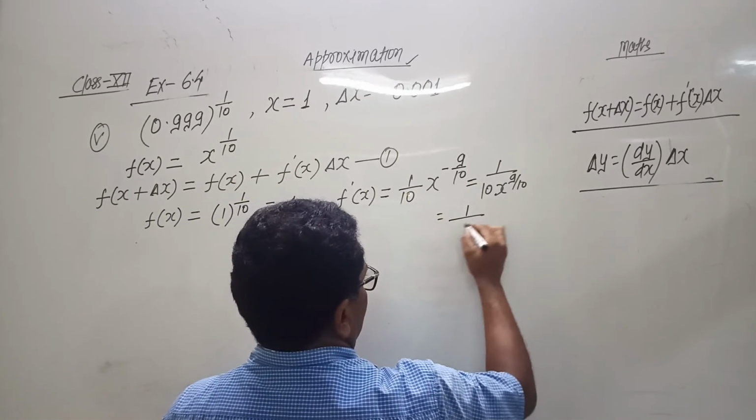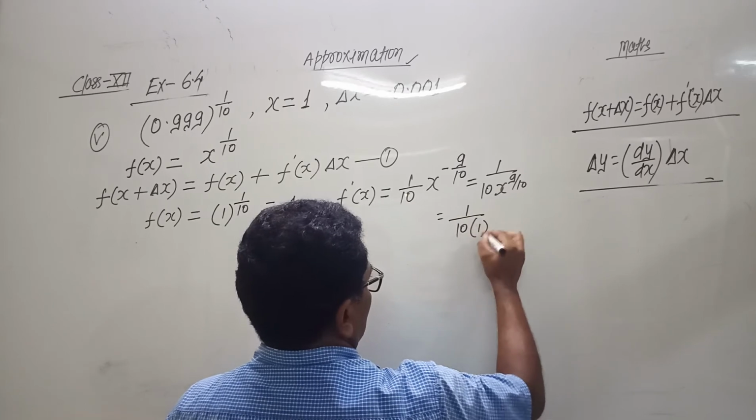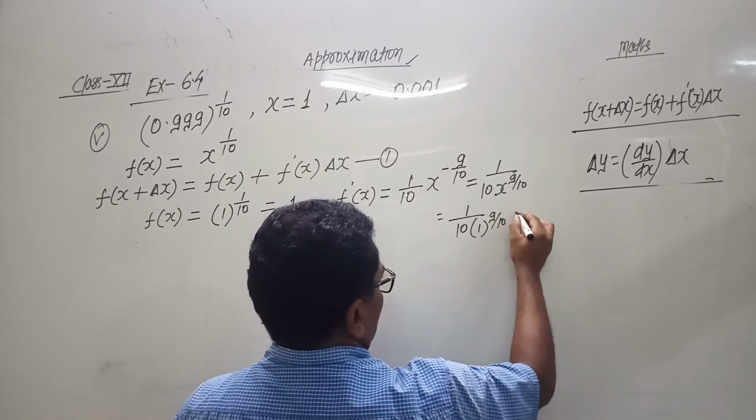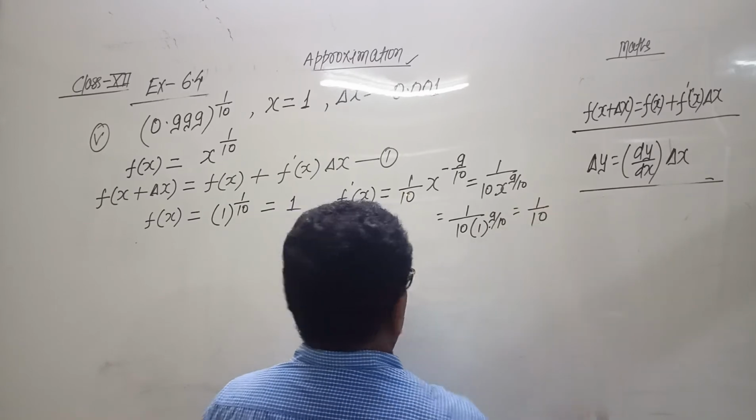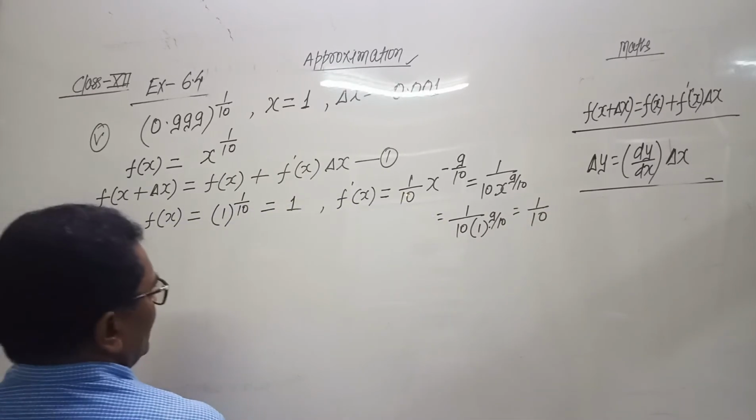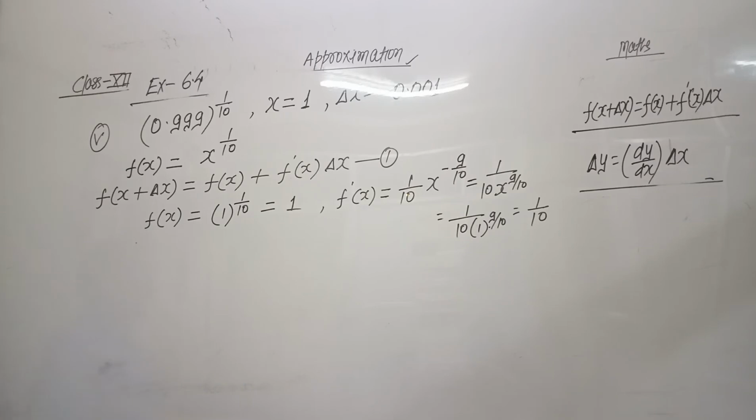So 1 by 10 into 1 raised to the power 9 by 10, which is again 1, so it gives 1 by 10. The value of f dash x comes to be 1 by 10.